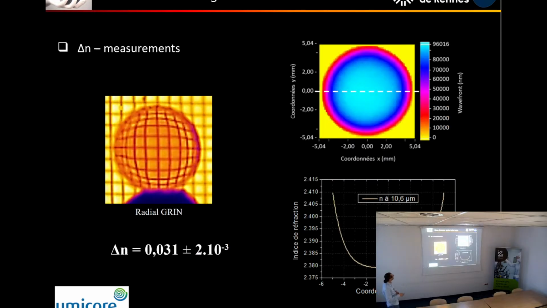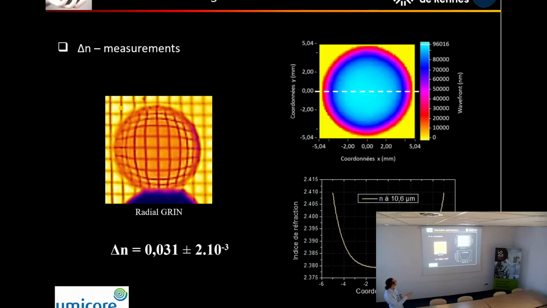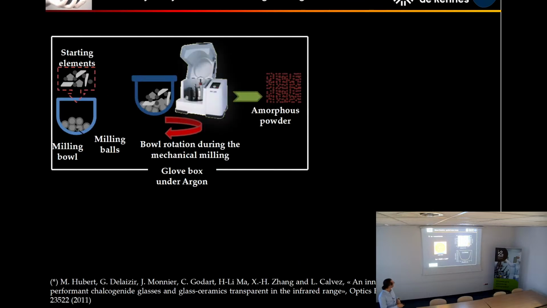And this is an example of what has been obtained. This is a disc of chalcogenide glass which is partially crystallized. And you can see here the refractive index measurements, and this is the effect of the disc on a grid seen with an infrared camera. Okay.